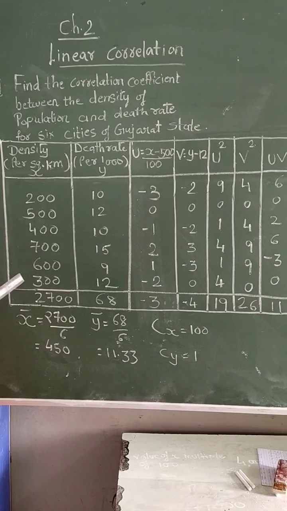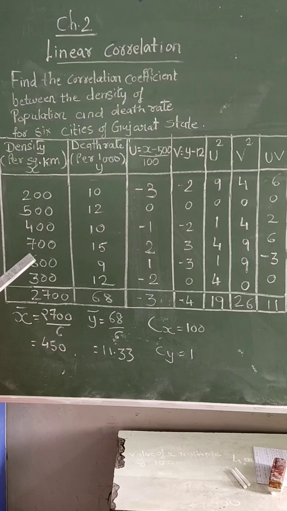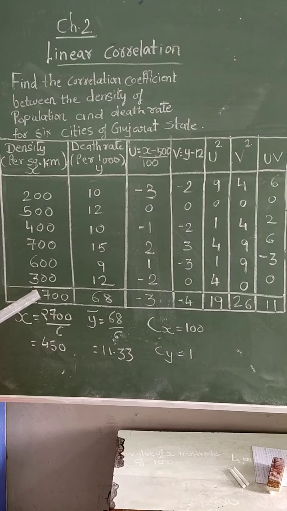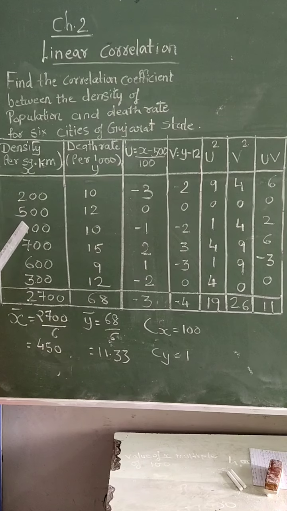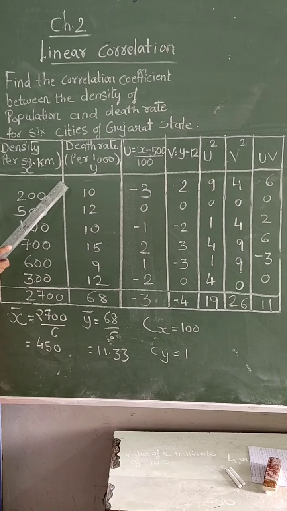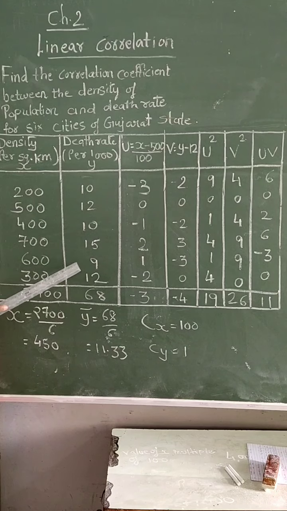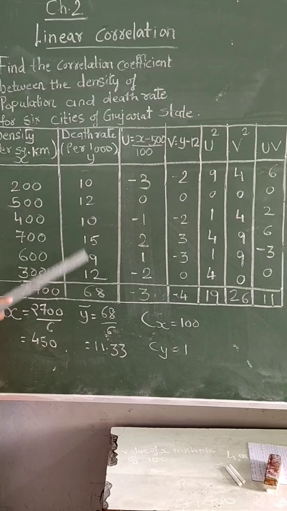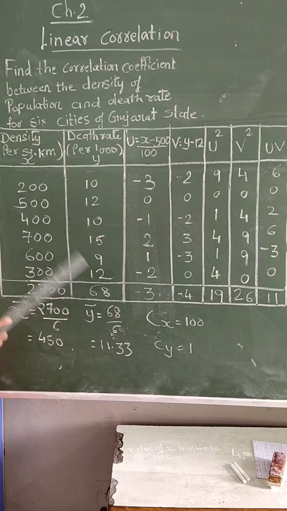You can see all these values are multiple of 100. So when we change the scale, we can divide this value by 100. Variable y: 10, 12, 10, 15, 9, 12. These values are small, so we need not change the scale.